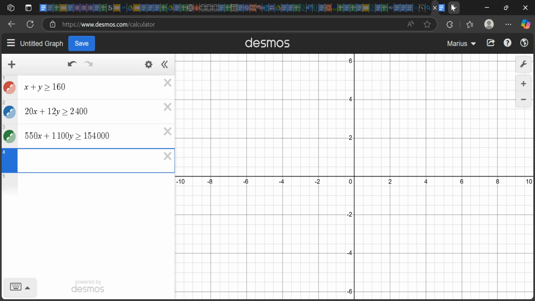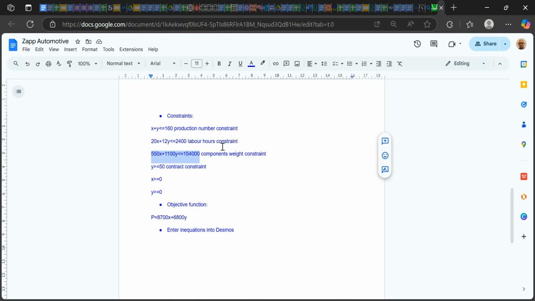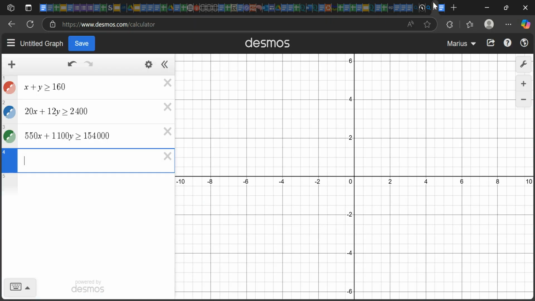I've done the weight. I need to do the contract constraint, and also flip the inequality sign.